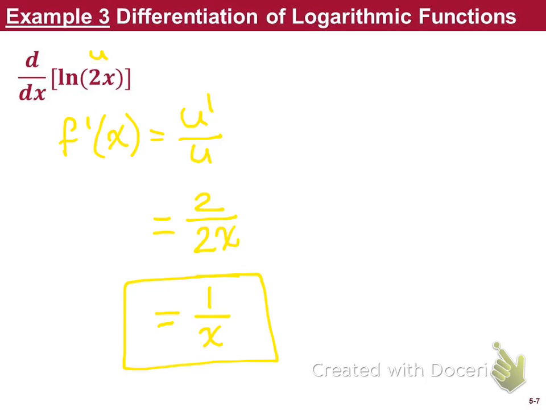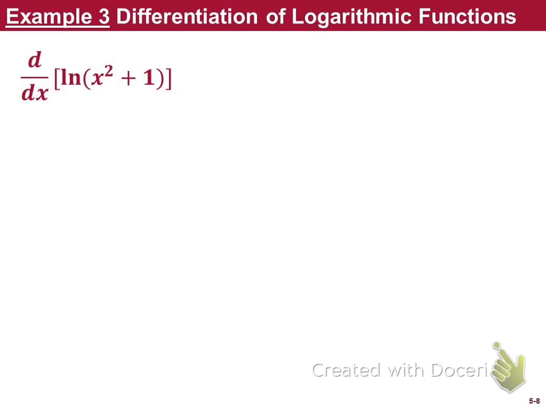Let's look at another example. Keep in mind that we would use x squared plus 1. That would be our u. I've written this incorrectly. Let's rewrite this. If f of x is the natural log of u, then the derivative of f of x would be equal to the derivative of u over u.